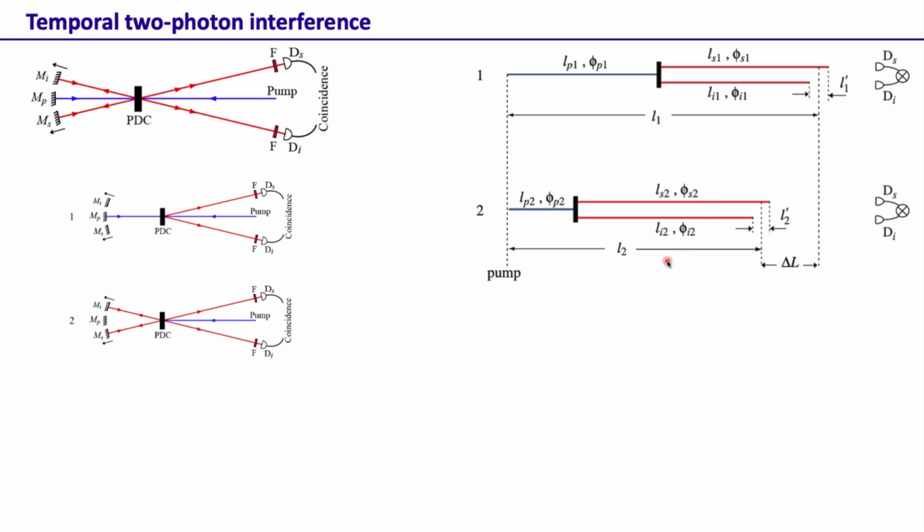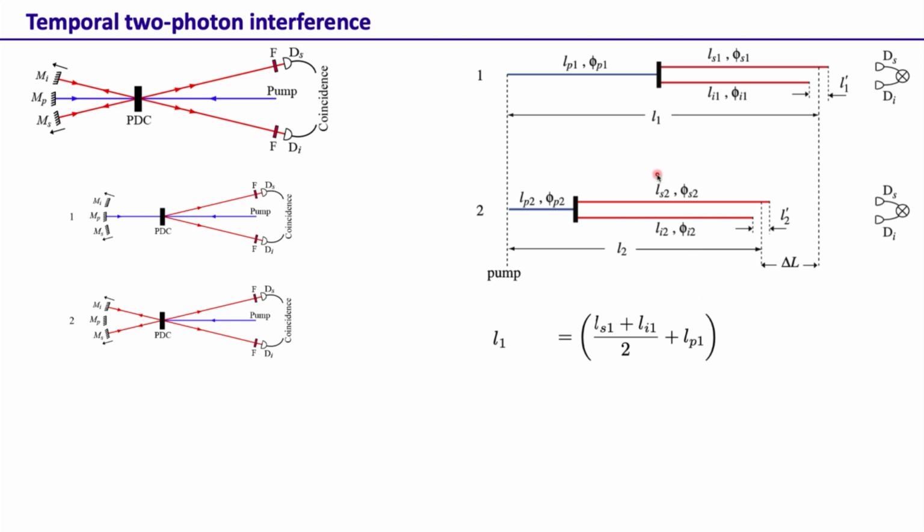This is very similar to Young's double slit: if the field coming from the first slit is coherent with the field coming from the second slit, only then can interference happen. So here let's now define some length parameters which will be very useful in our subsequent analysis, and also in establishing the analogy with one photon interference. First of all, we define L1. This L1 we define as LP1 plus (LS1 plus Li1) divided by 2.